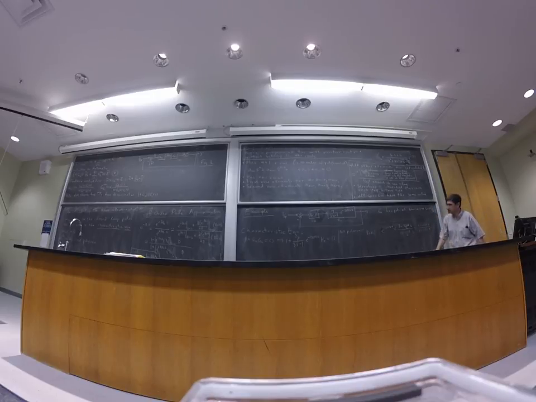So the characteristic equation becomes 1 plus 7 over 3s minus 1, times Kc, times 1 minus 0.01s over 1 plus 0.01s, equals 0.